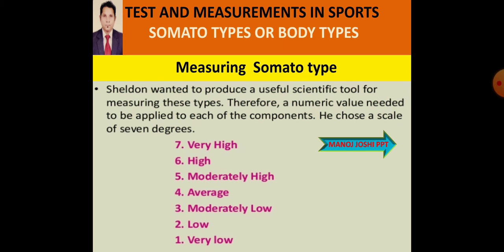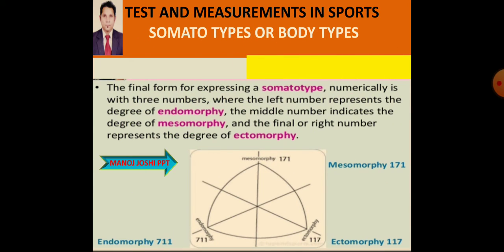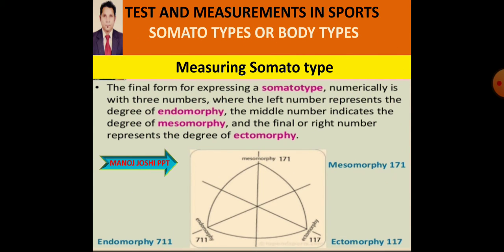So the somatotypes are measured by these 7 ratings and 7 degrees. The final form of expressing a somatotype numerically is with 3 numbers, where the left number represents the degree of endomorphy, the middle number indicates the degree of mesomorphy, and the final or right number represents the degree of ectomorphy.